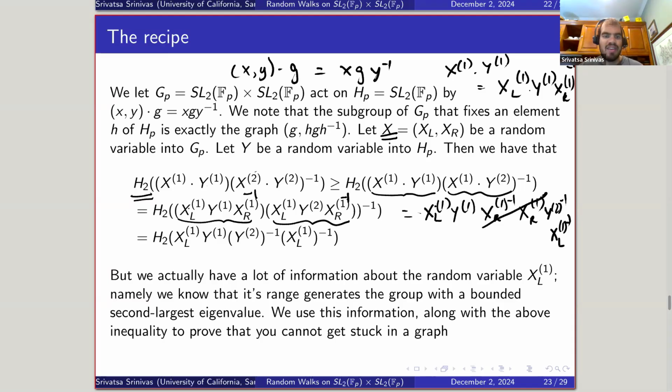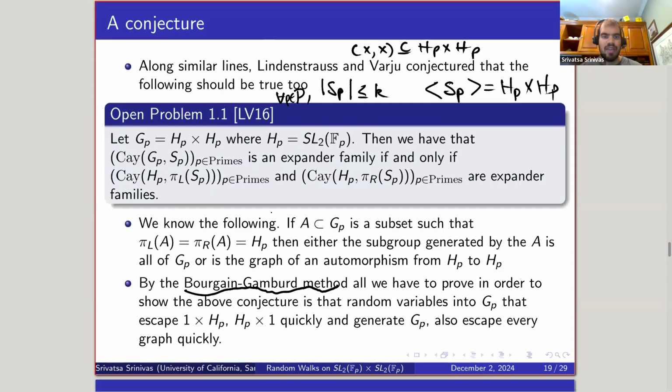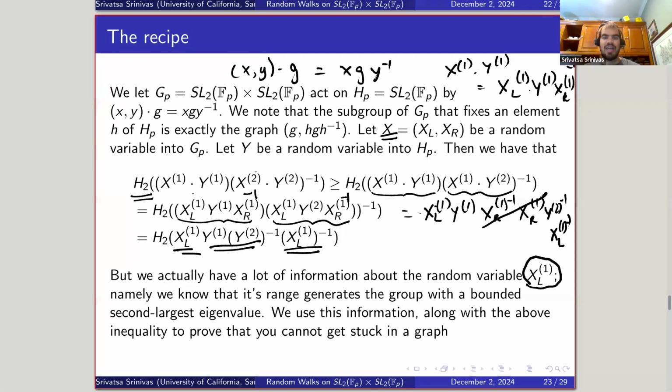So basically, we're left with the action of the left side of this probability distribution on this distribution over here. So we actually have a lot of information about the following random variable because in our hypothesis, we assume that the left side of the generating set has a spectral gap. So therefore, we can now exploit information about one side in order to talk about both sides.